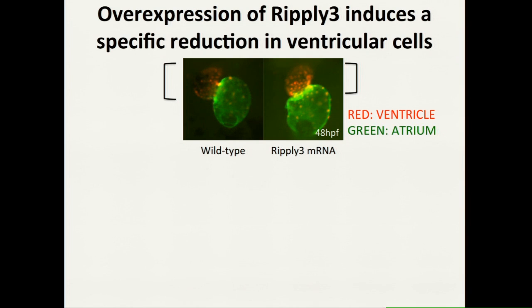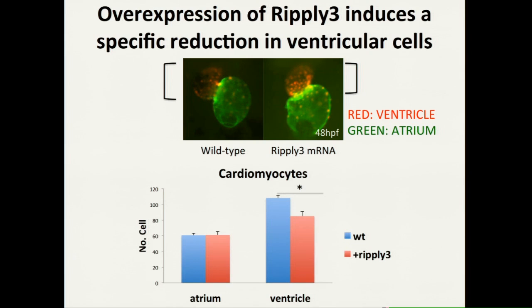We found the heart becomes linear, as we saw in the crack mutant. Similarly, we did cell counting for the cardiomyocytes, and we found a reduction of ventricular cardiomyocytes but not atrium, which shares a similar trend as what we saw in crack embryos.